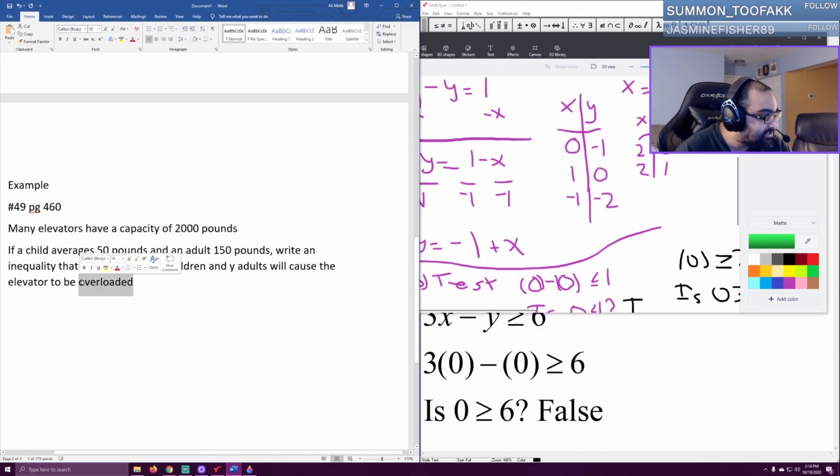This is actually a pretty big keyword for getting the inequality correct. So can anybody tell me, how could we set this up where we can make an inequality to find out how many kids and how many adults it will take to overload this particular elevator?